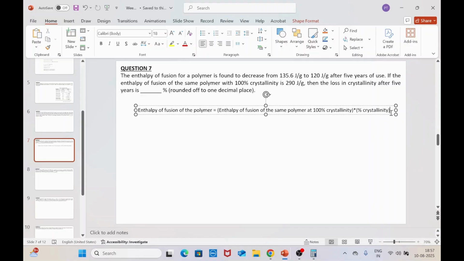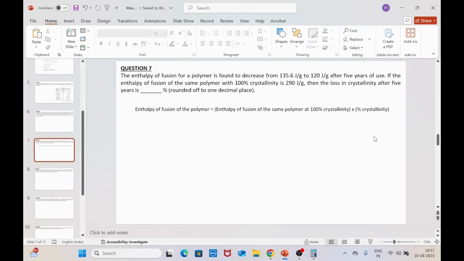So can I write it this way? Does this equation make sense? Is there a network connectivity issue from my side?